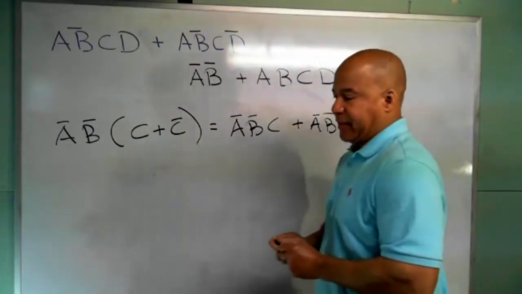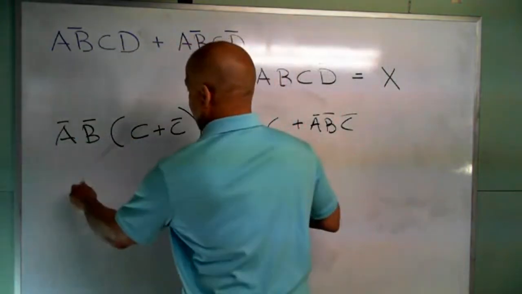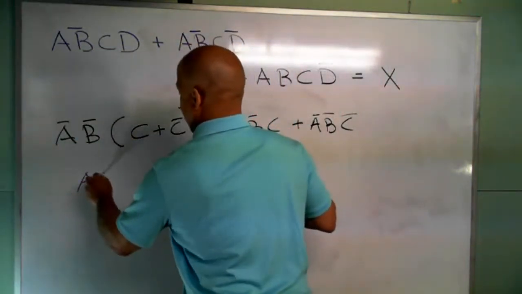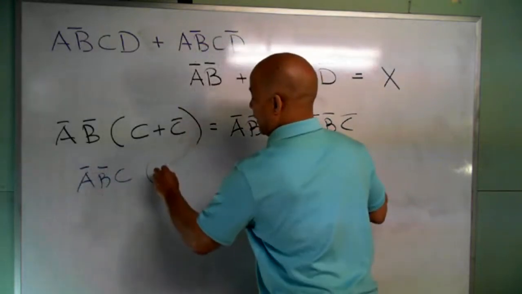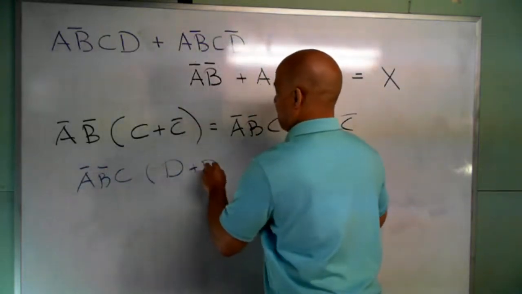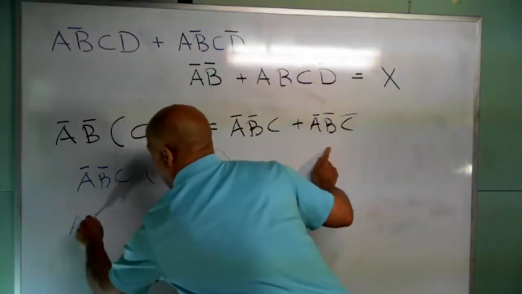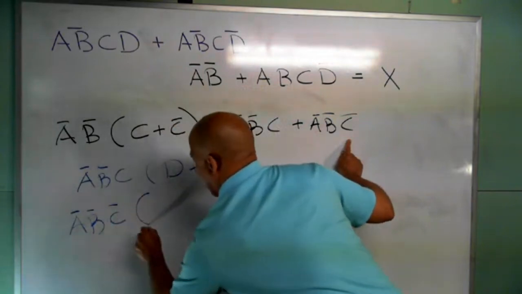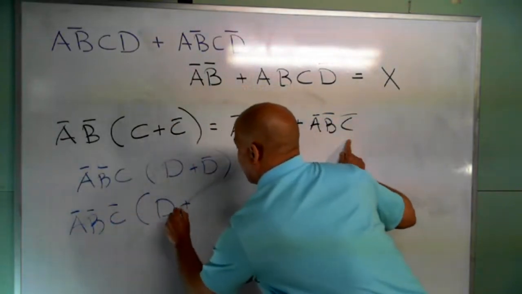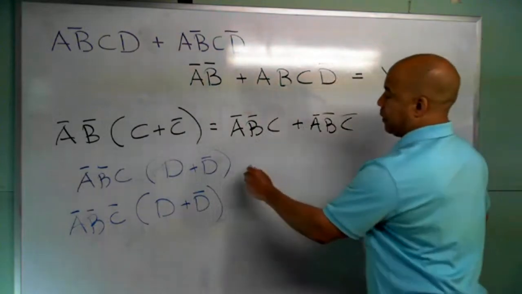This time I'm going to add D to the mix. So for this one, I get A, B, C, and I'm going to OR that with D or D not. And then I get A, B, C not, and I'll OR that with D or D not. So if you're working along with me, go ahead and work this out.